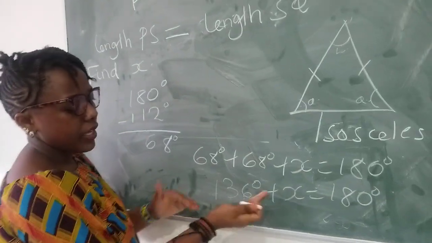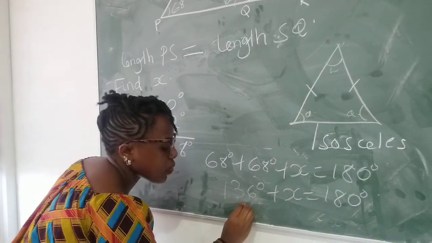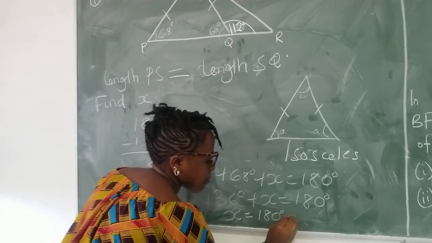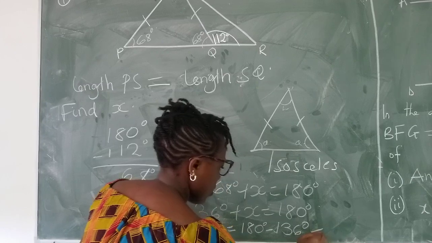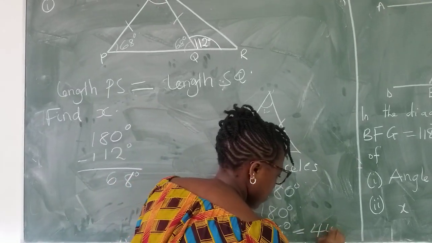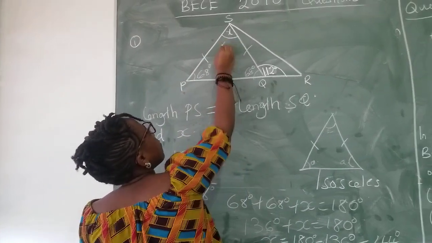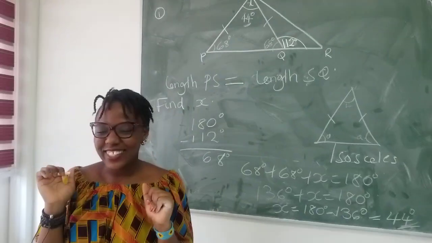So we make x the subject of the formula and take 136 to the other side. So x equals 180 degrees minus 136 degrees, which will give us 44 degrees. So now our value of x will be 44 degrees.